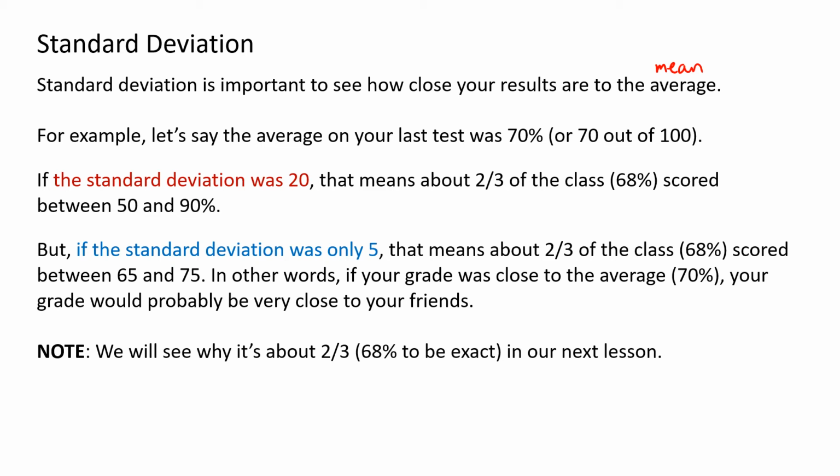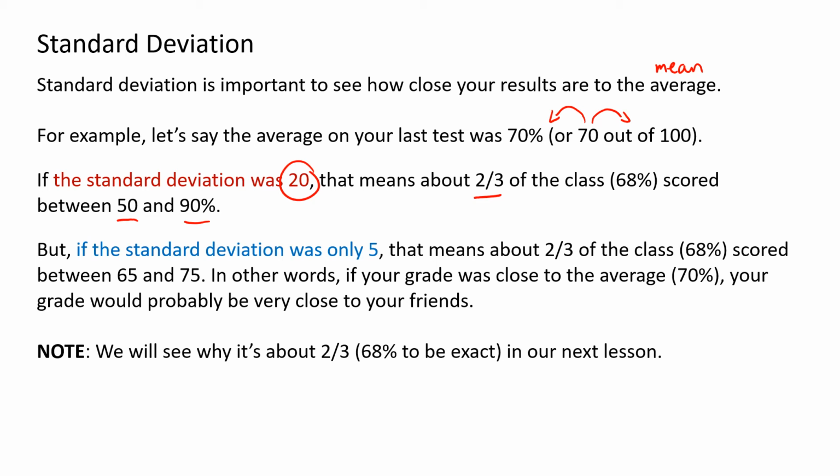If your standard deviation was 20, that means about 2/3 of your class, and I'll explain in our next lesson why it's 2/3, scored between 50 and 90%. In other words, they scored within 20 points less than the mean and 20 points more than the mean. That's a wide range. 2/3 of your class scored between 50 and 90%, which means the grades were pretty spread out. There wasn't a grade that a lot of people ended up obtaining.